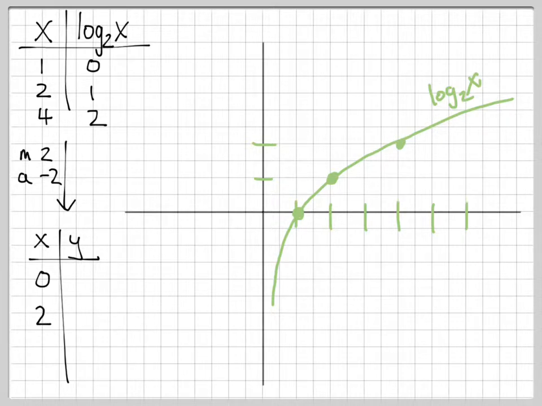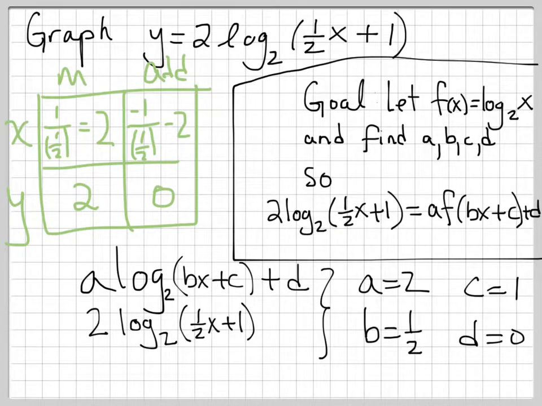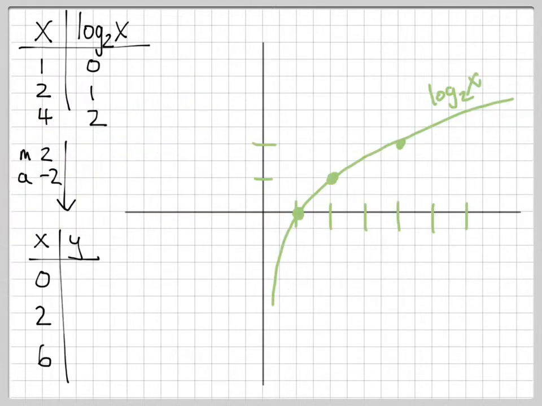And 2 times 4 is 8, minus 2 is 6. And then to our y values, we're going to multiply by 2 and add 0. And so 0 times 2 is 0, 1 times 2 is 2, and 2 times 2 is 4.